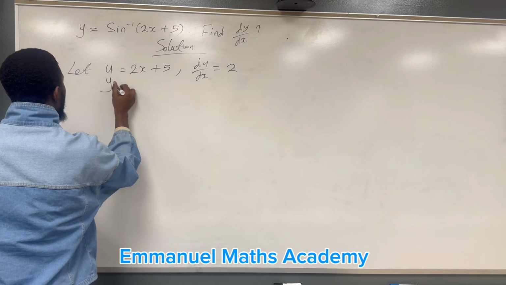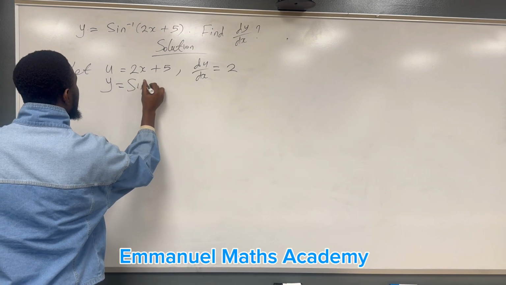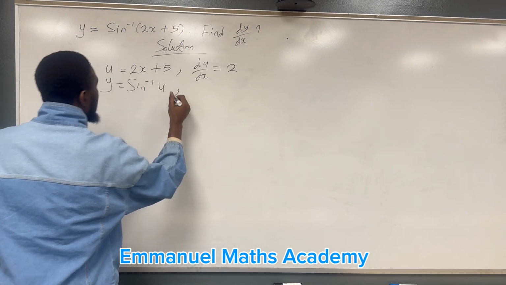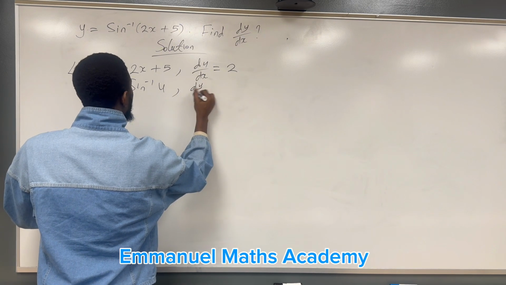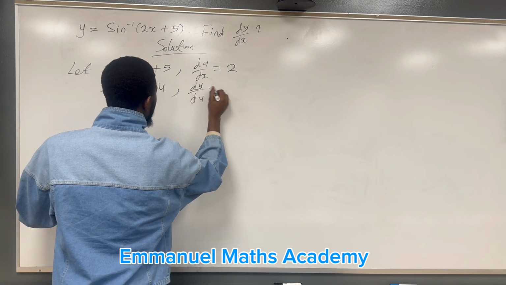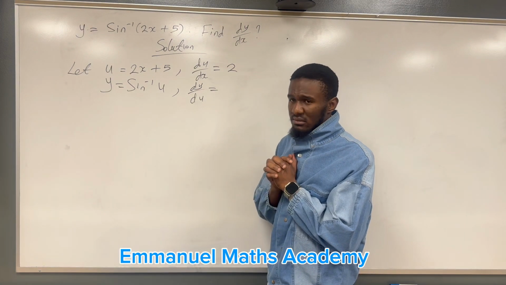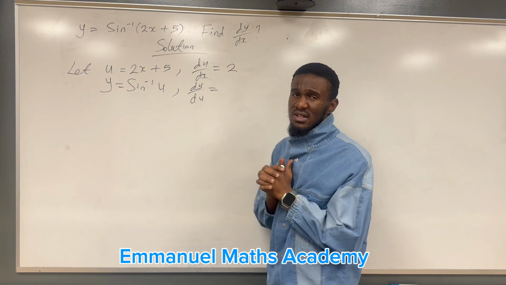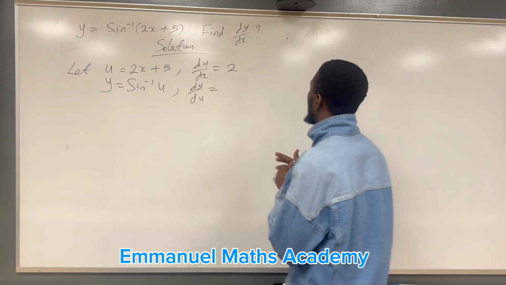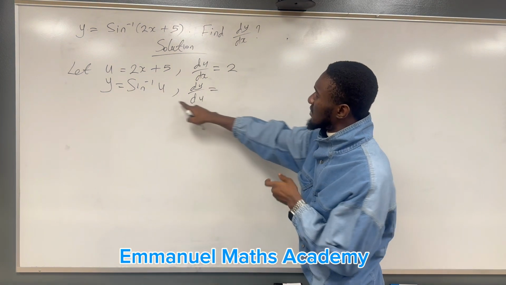Hence, our y is equal to sine inverse of u. Hence, our dy du is. Okay, now from here, we have sine inverse of u. So what's the derivative? Let's solve it aside. We need to get our dy du.